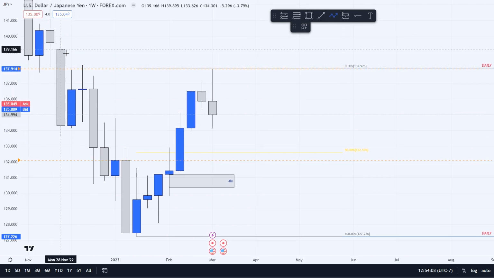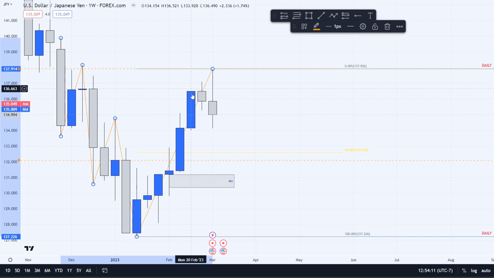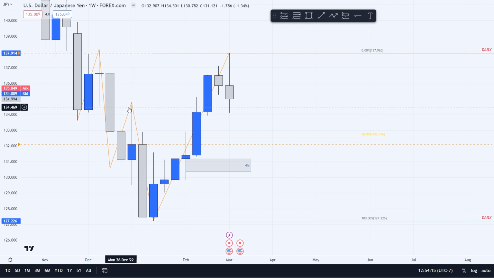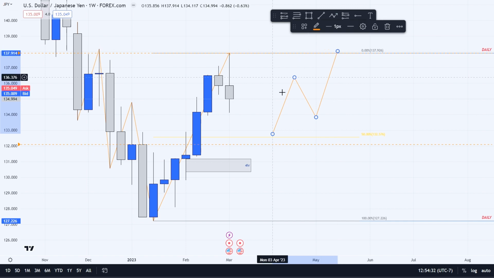So we got this high, low, lower high, lower low, lower high, lower low, and then this new high. So it did break structure. It did break structure, but for price to validate the uptrend, for me it has to break structure, make a pullback, and then break structure again.